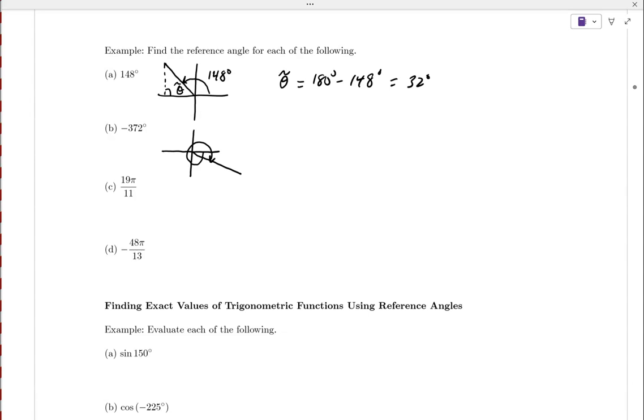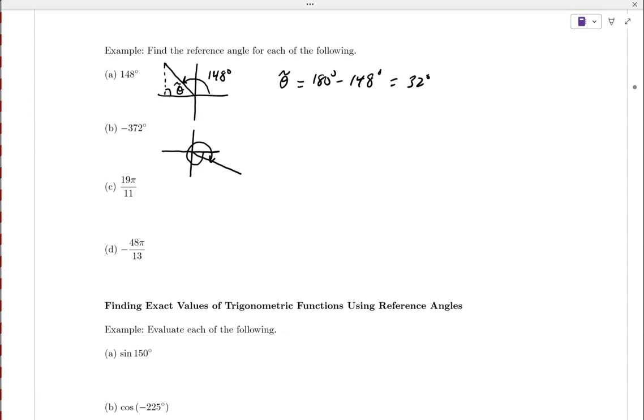Notice that in this particular case, we've gone all the way around, and then we went just a little bit more, right? How would you figure out what that little bit more is? Yeah, subtract the 360 off of it, right? Notice that this little bitty angle in here is coterminal with the one that went all the way around.